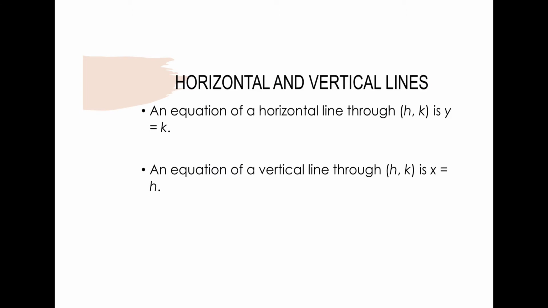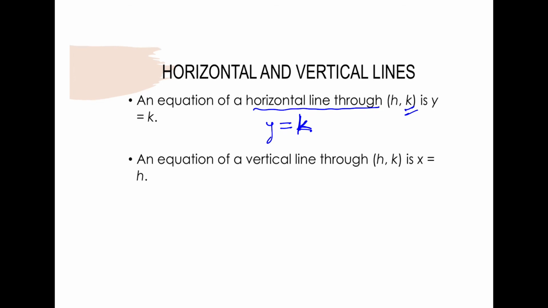With horizontal and vertical lines, the equation of a horizontal line is y equal to k. So y equal to whatever one of the points that it passes through. This is the equation of that line. So it's y equal to a number, like y equal to 2 would be a horizontal line at 2.